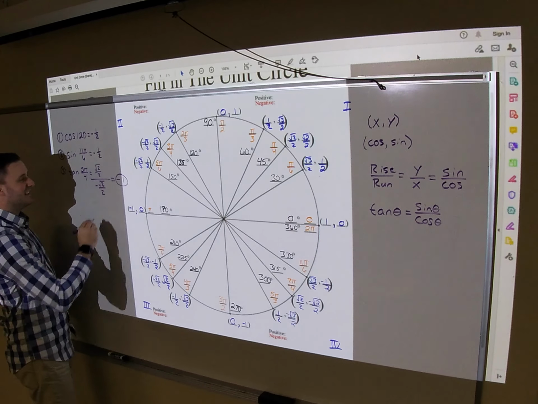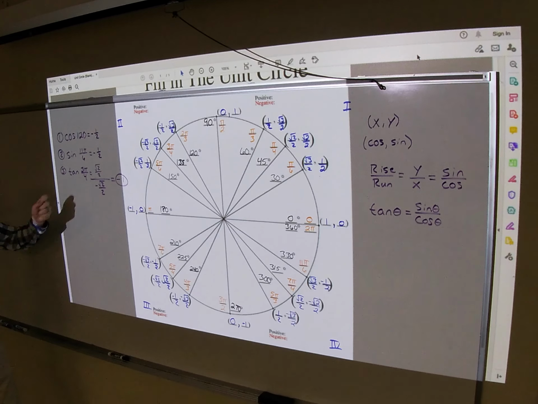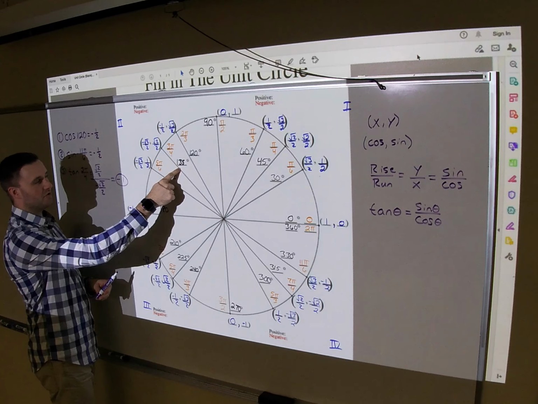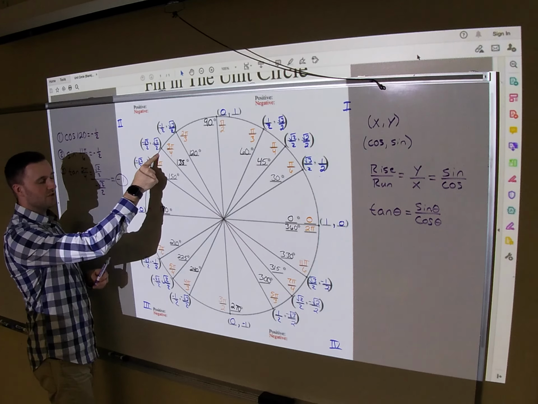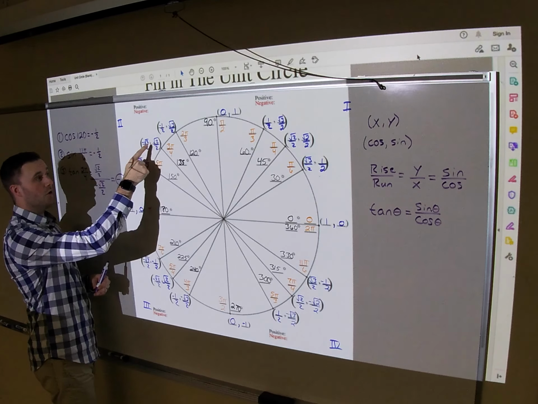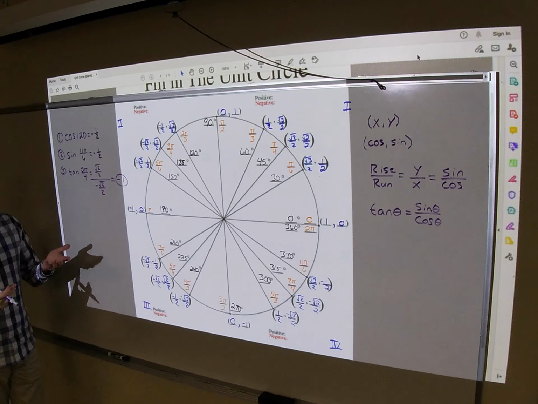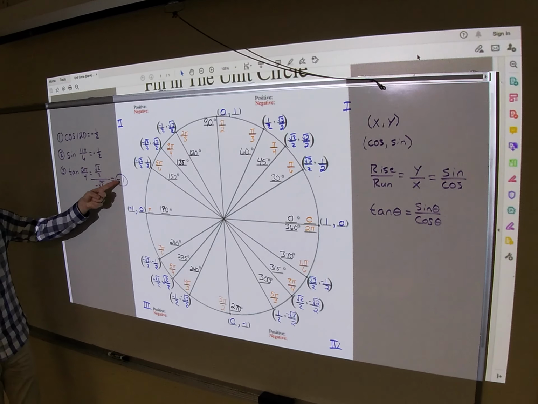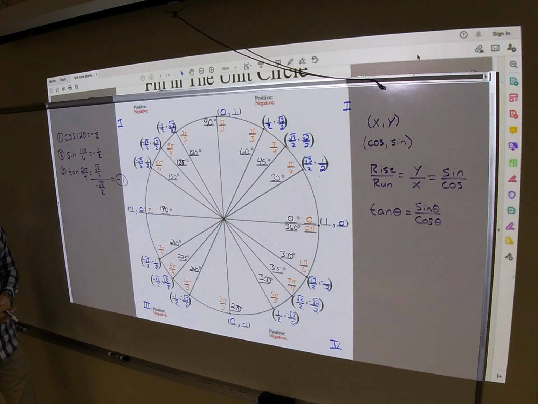So in fact, the tangent of 3 pi over 4, which is right here in orange, it's the same thing as 135 degrees. Tangent we just learned is y over x, or sine over cosine. But because those are the same, we just have to pay attention to the sign. And we're saying that our sine is positive divided by negative, resulting in a negative. So the tangent of 3 pi over 4 is -1.